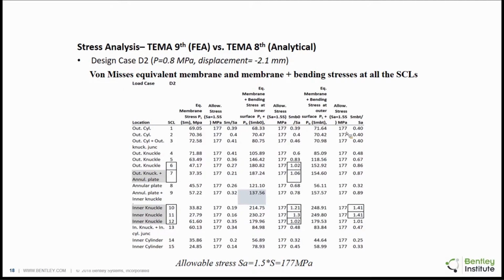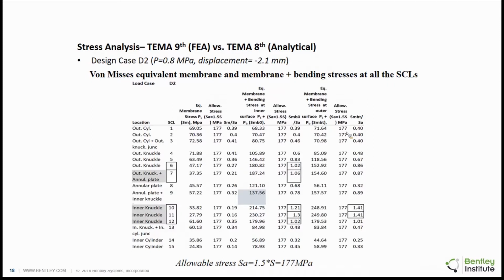You can individually analyze which area is more stressed, and accordingly change your geometry, make modifications. So as you can clearly see, the outer knuckle and the outer knuckle to annular plate junction, the stress classification lines 6 and 7, and the whole of inner knuckle, they are overstressed.